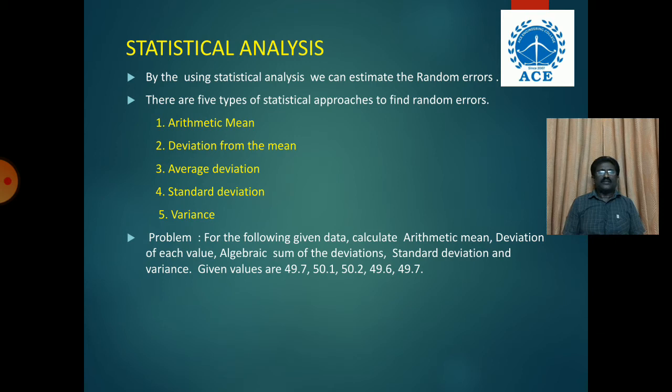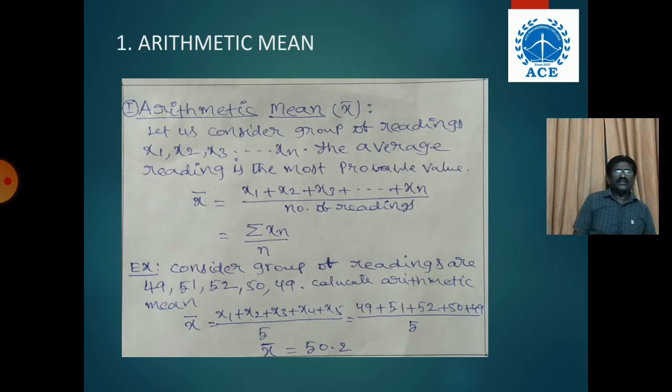So now I am going to explain arithmetic mean. Arithmetic mean is the average of the group of readings. Here I am taking a group of readings as x1, x2, and so on up to xn. So this data has n values.